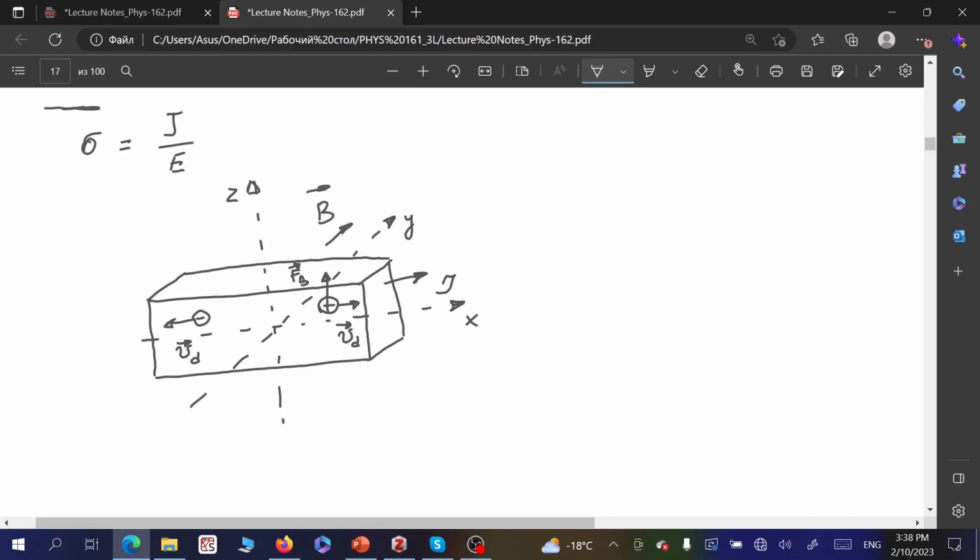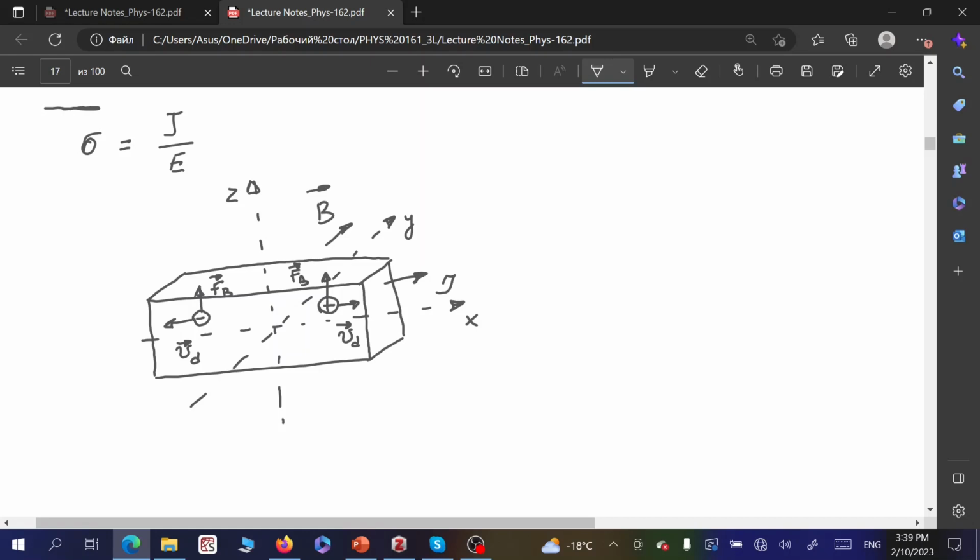So eventually we get also magnetic force along axis z. So in both cases, there are magnetic forces exerted on these charge carriers.